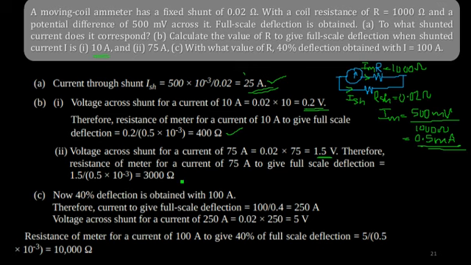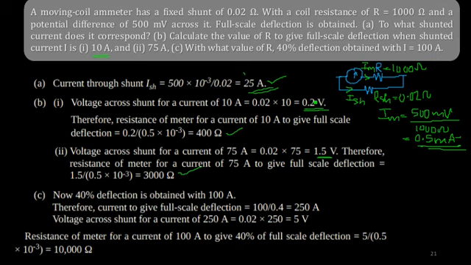Rm is unknown now, and 1.5 divided by 0.5 milliampere, which is the current through the Rm, will give you 3000 ohms. So in the third case, you have 3000 ohms as the meter resistance.